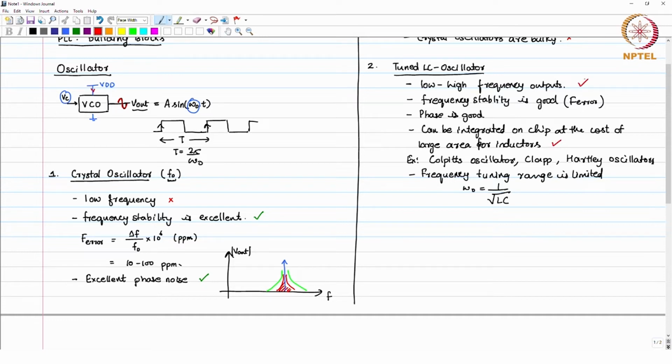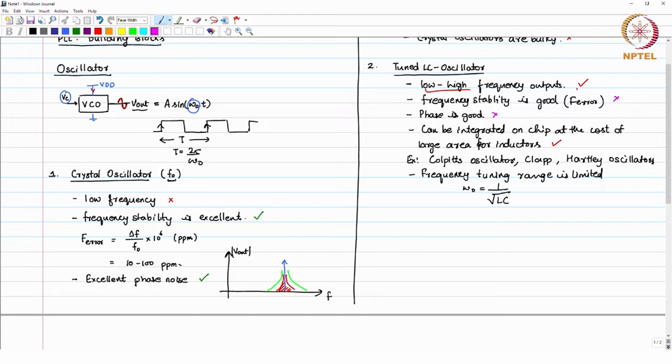You get a wide range of frequencies during the design process, low to high frequency output. Once you have designed the oscillator, you cannot tune that frequency. That is, the frequency tuning is very limited. So, these are the good parts about your tuned LC oscillators. The bad part with respect to your crystal oscillators is these two things are not that great.